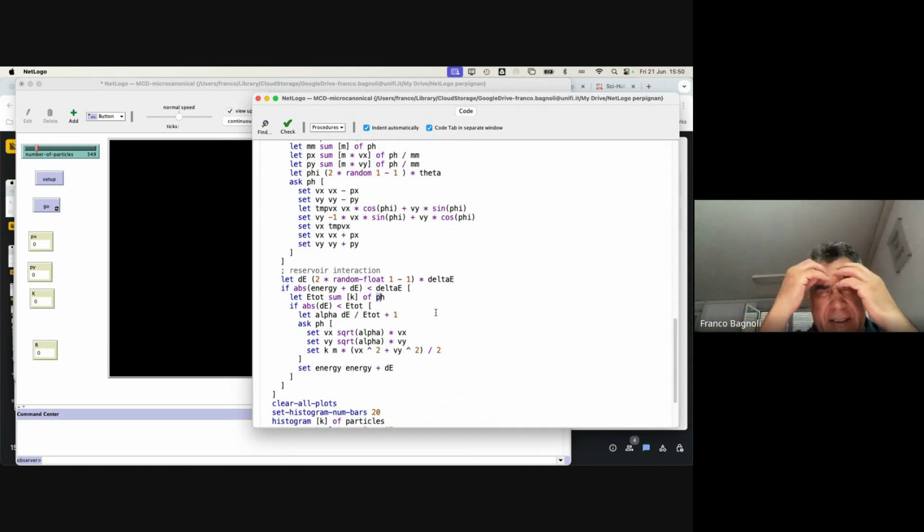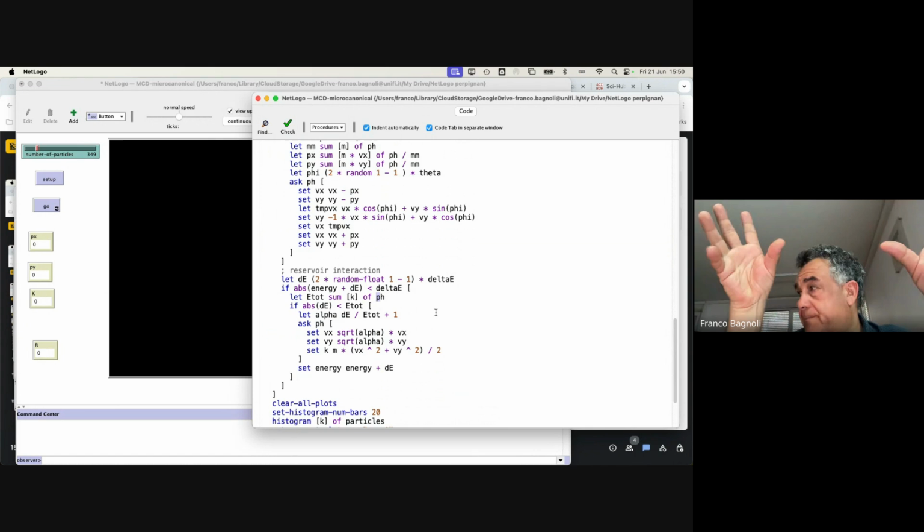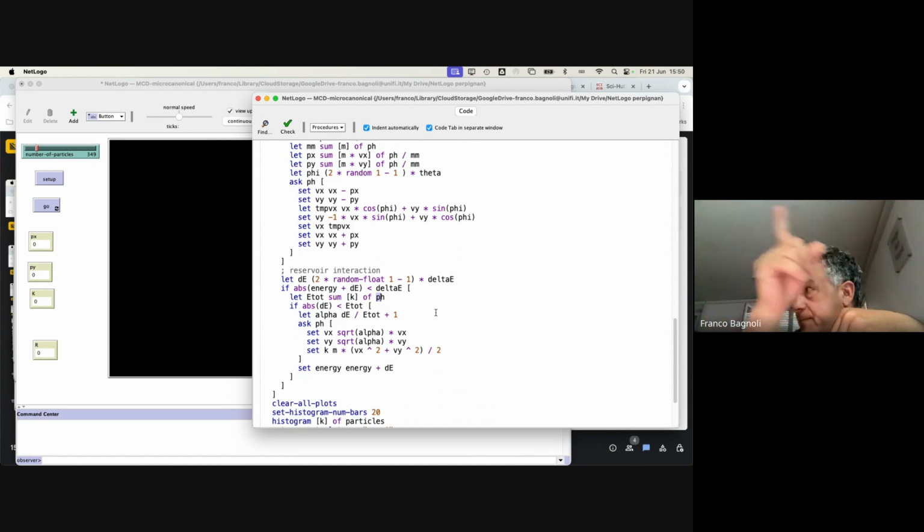So in statistical physics, you are studying a system composed of many particles. In principle, if you think of a closed system, energy should be conserved in collisions.